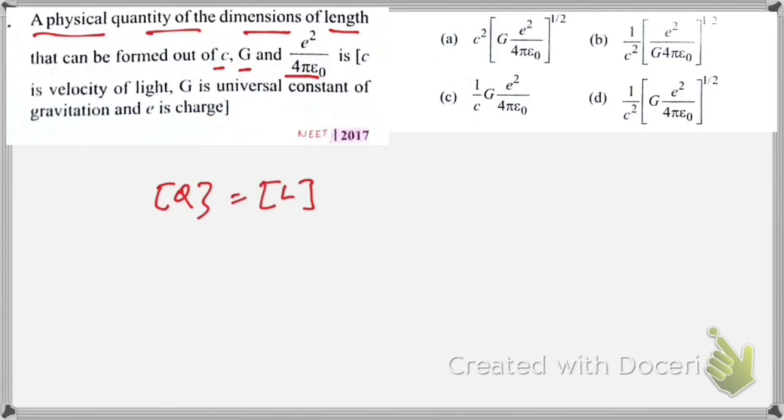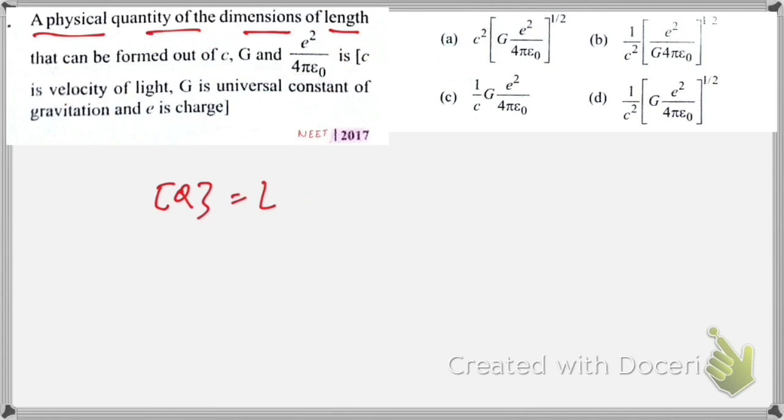Here c is the velocity of light, G is the universal constant of gravitation, and e is the charge of the electron. Combining these three, we have those expressions in the options. So which option gives you the dimension of length? Let me find that.